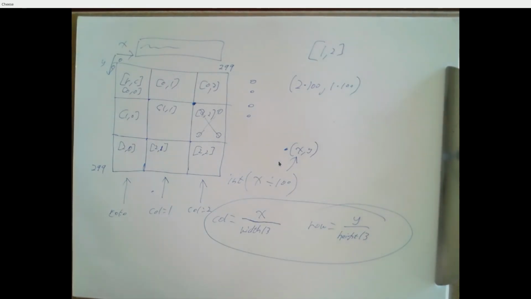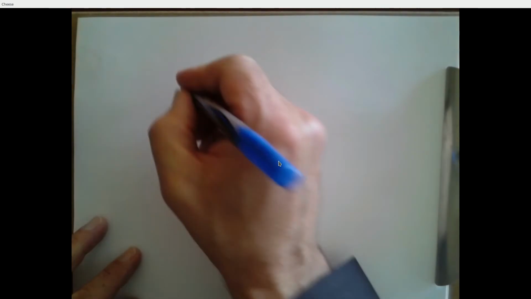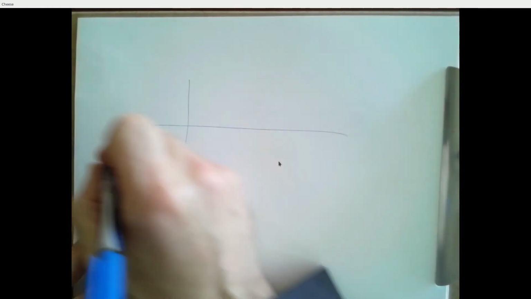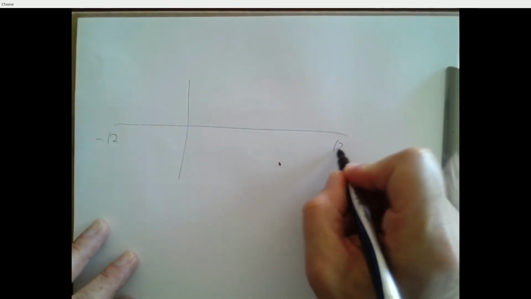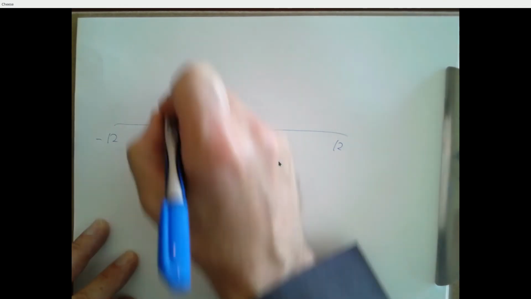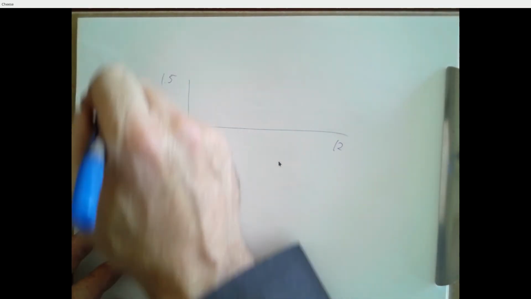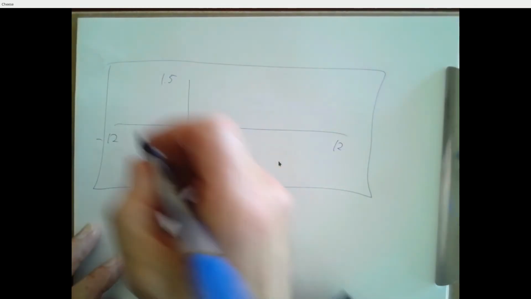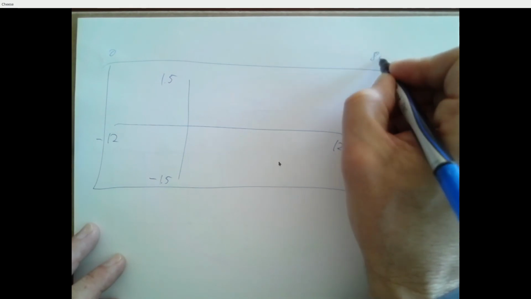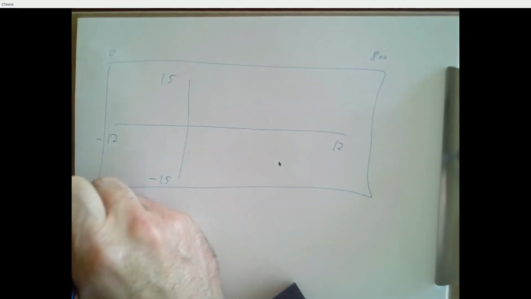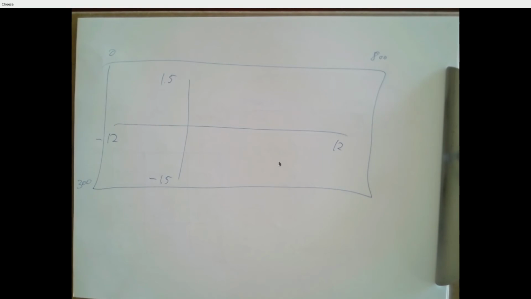But more generally, if you wanted to plot a sine wave from -12 to 12 and -1.5 to 1.5, and you're doing this inside a pane that goes from, say, 0 to 800 and 0 to 300, you got to do a few more steps to do the scaling and transformation, but it's the same thing.